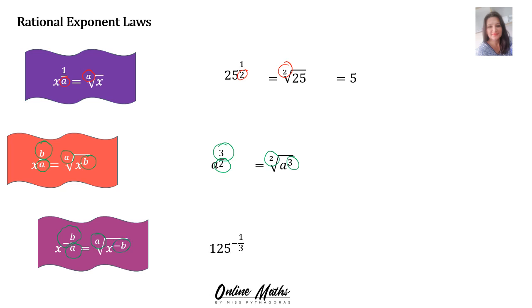So therefore, if I give you 125 to the power of -1/3, then this thing is the cube root. Can you see? The 3, the denominator, tells you what type of root this is, and then the -1, the numerator, will go and stand with your base. So that thing is the cube root of 1 over 125, which is a fifth.